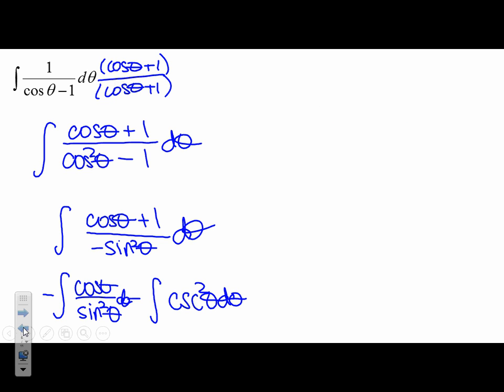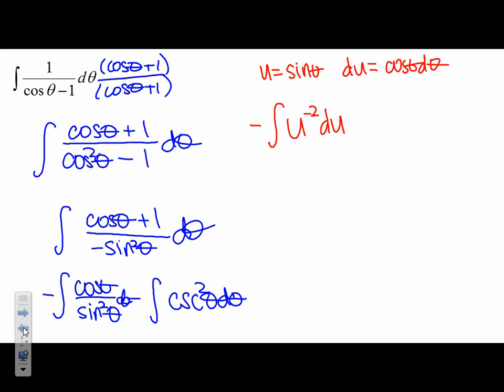So now let's work on this first integral. We can let u be what? Sine theta. So du is cosine theta d theta. So that integral becomes negative u to the negative second du. And then we have minus cosecant squared theta d theta.